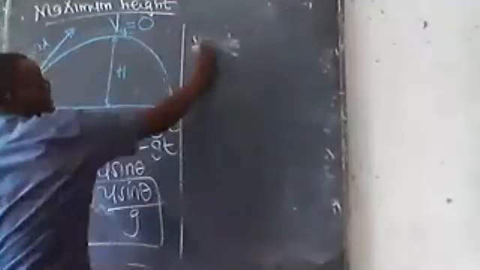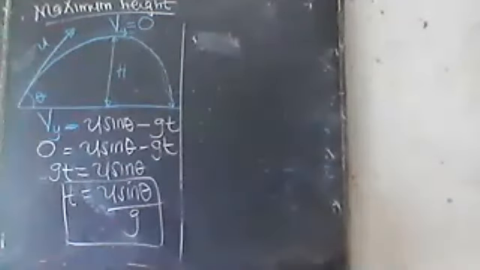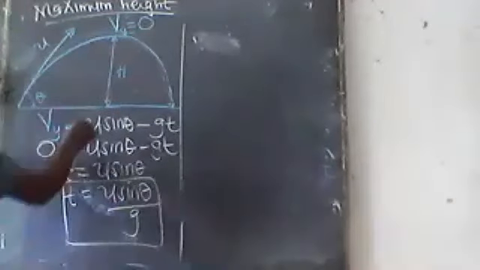Vx is not 0 at maximum height, because we are dealing with the vertical part of the motion.